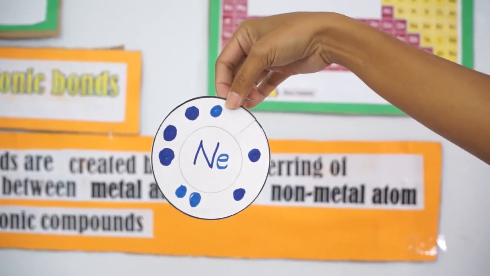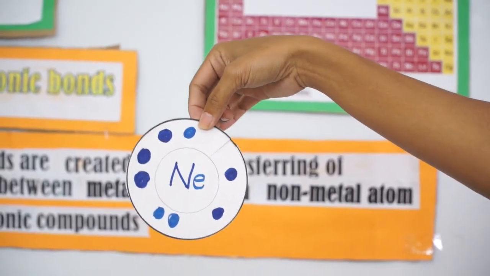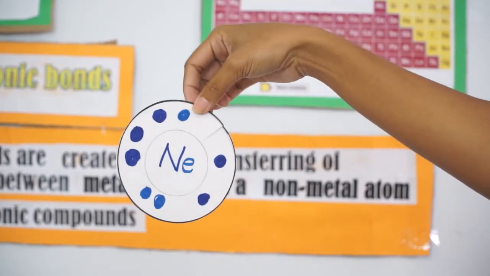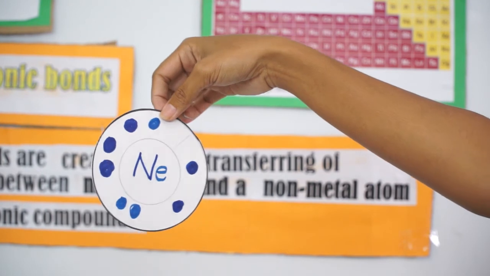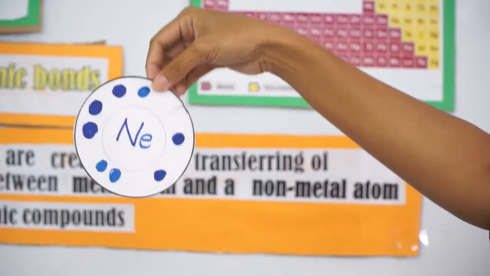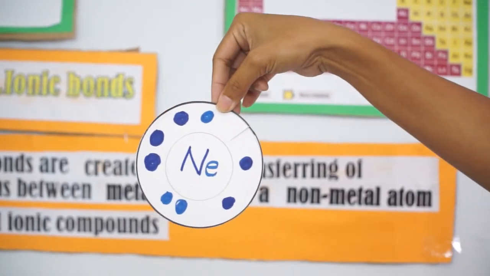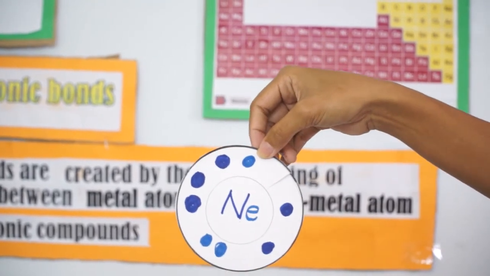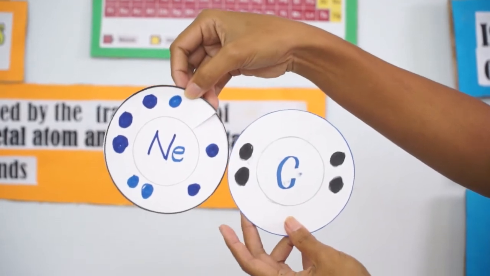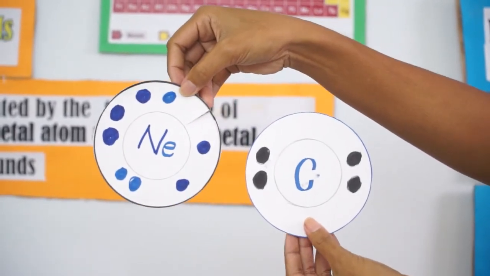Our last example is neon and carbon. As we all know, both atoms are non-metal atoms. You might say the bond that will form is a covalent bond, but you are not looking at their valence electrons.